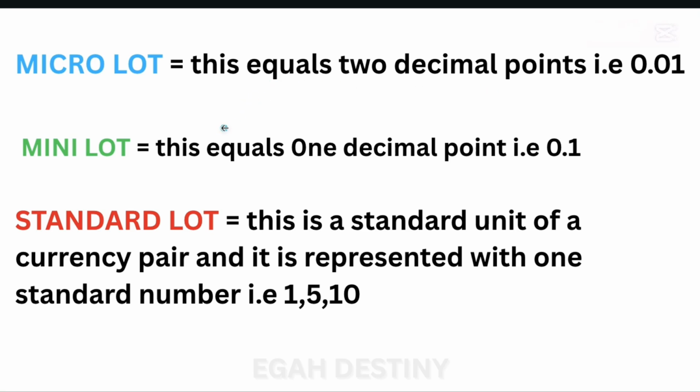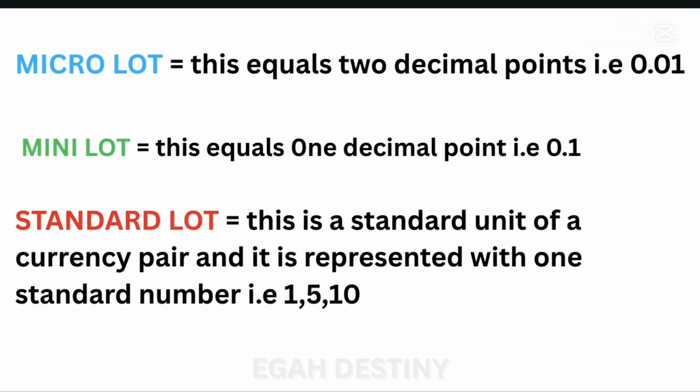Mini lots equal 1 decimal point, that is 0.1, 0.2, and so on up to 0.9. Because in basic mathematics, we know if it is up to 9, it can be approximated to 1.